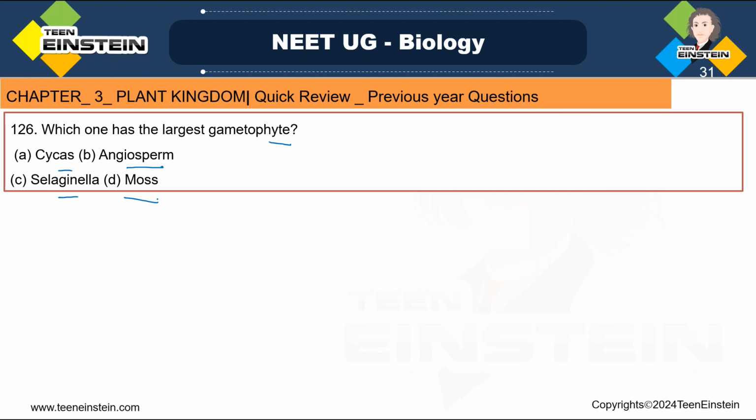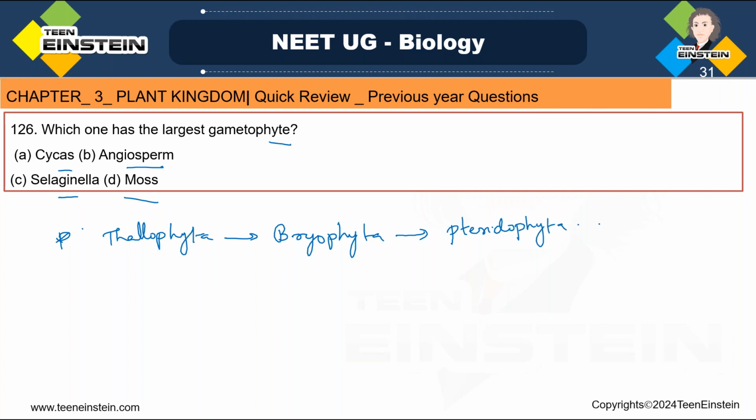See, as we move from the thallophyta, then bryophyta, then comes the pteridophyta, then gymnosperms, and the final, most advanced ones are the angiosperms, right?